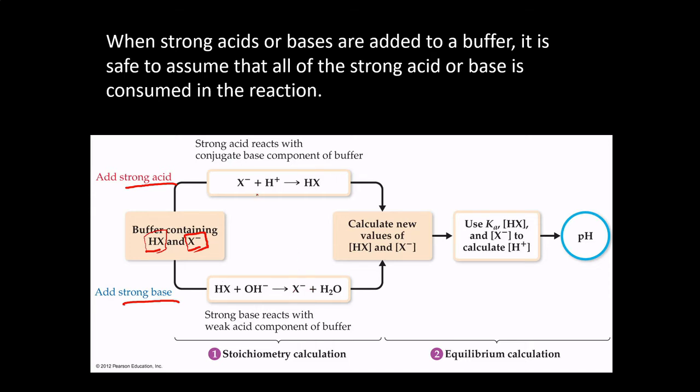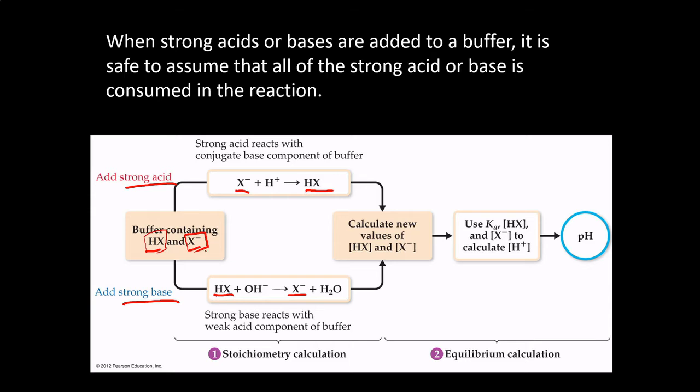So the key thing here is that in either case, both the concentration of the conjugate base and the weak acid are going to change in both cases. The difference is, in one case the acid goes up and the base goes down, and in the other one the base goes up and the acid goes down. They're just flipped, essentially.